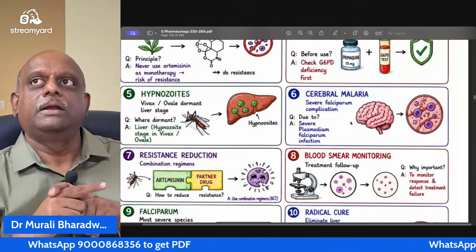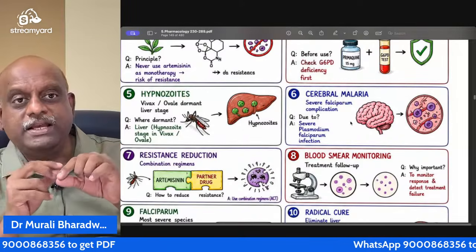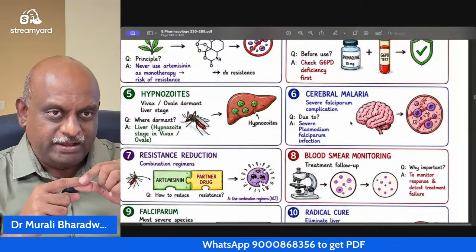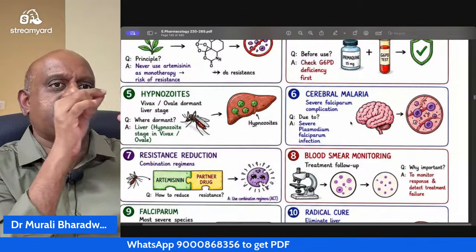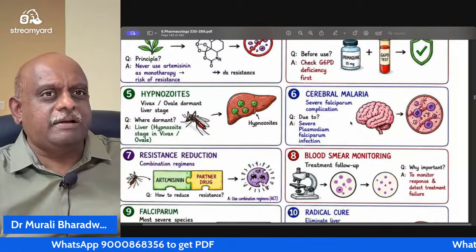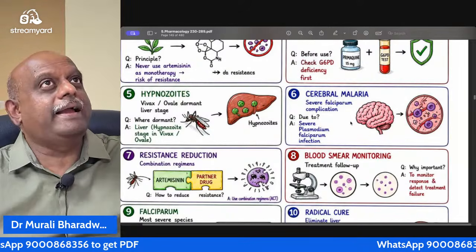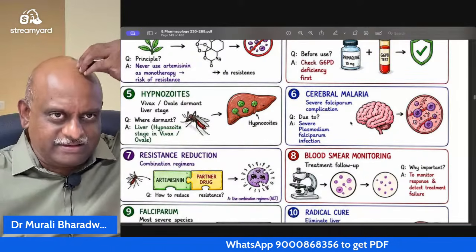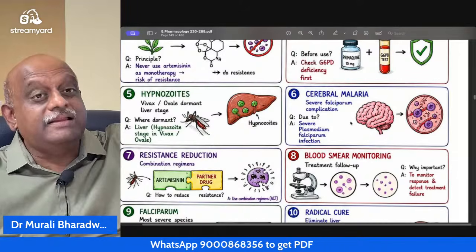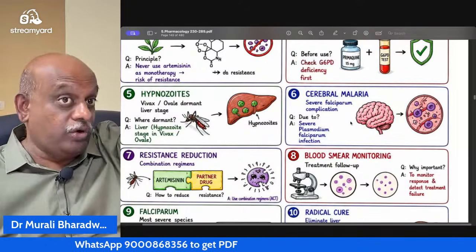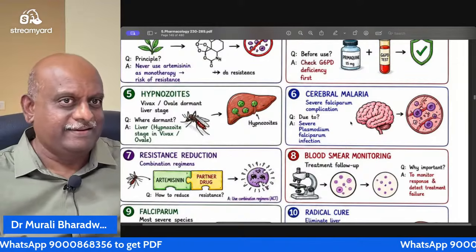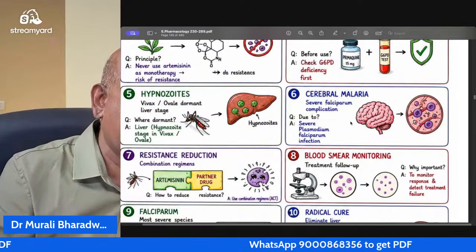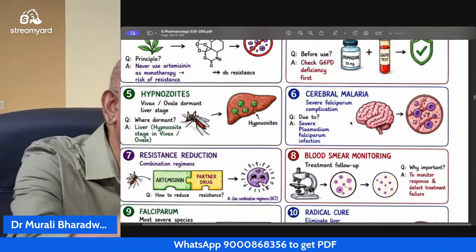Second, when an RBC is infected by Plasmodium falciparum, it develops sticky knobs. So when those RBCs pass through the vasculature, they get stuck to the capillary endothelium. That leads to blockade in the cerebral vessels. That is the reason you get focal neurological deficits, just like stroke. Only falciparum has this phenomenon of cytoadherence, which makes it responsible for cerebral malaria.